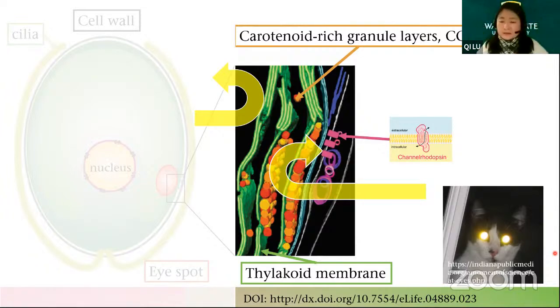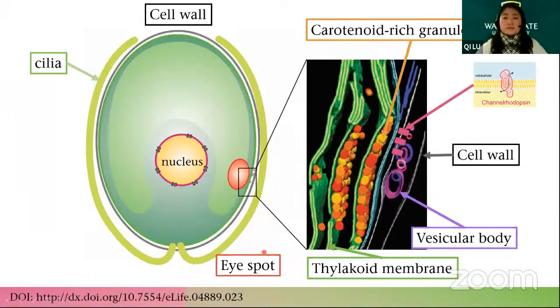So at night, when we see the eyes of a cat shining so bright, it's not because the eyes of the cat can generate light. It just reflects the light from a house light, from the moon, from the stars, so this bright light is coming from reflection. It's just the same case as in the green algae. So this membrane functions like a mirror.